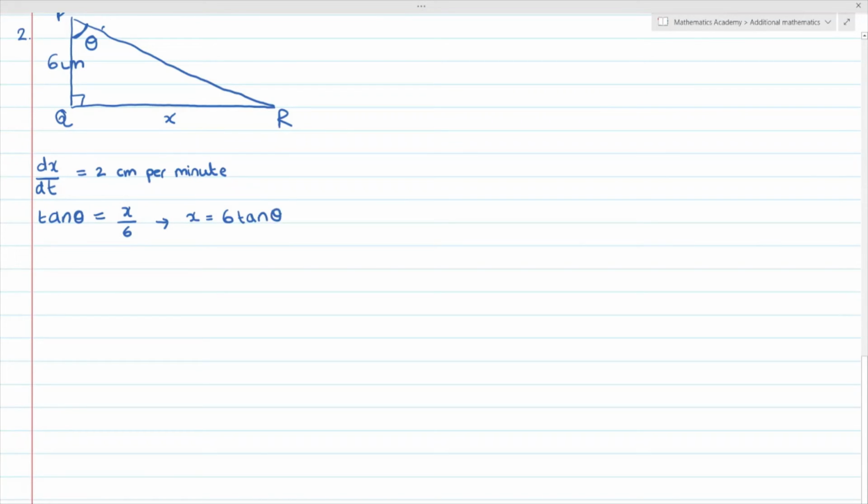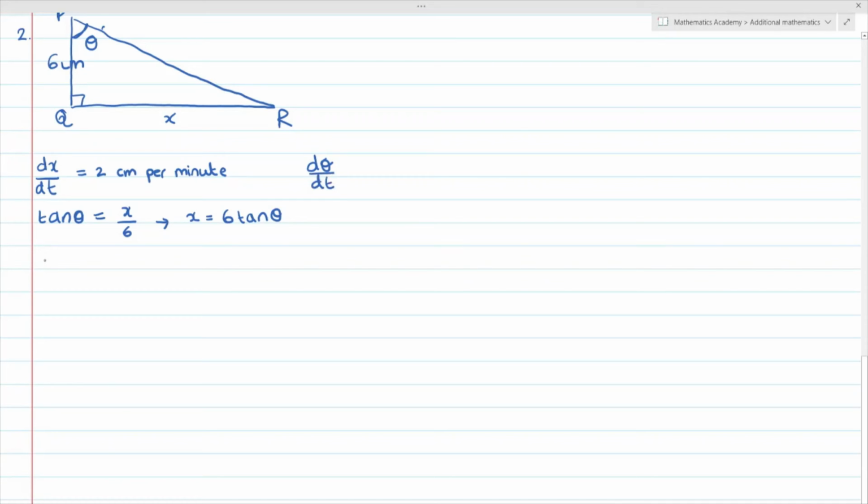And we know that dx/dt is equal to 2 centimeters per minute, and we're looking for d theta/dt, so we want to relate the two together. So again, we just use the chain rule.